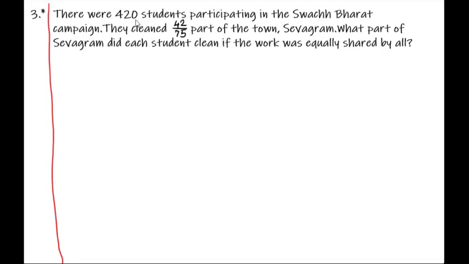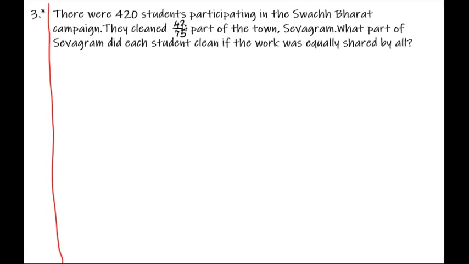There were 420 students participating in the Swachh Bharat campaign. So what are we understanding from this sentence? That there are 420 students, and these 420 students are participating in the Swachh Bharat campaign. Now the next statement.